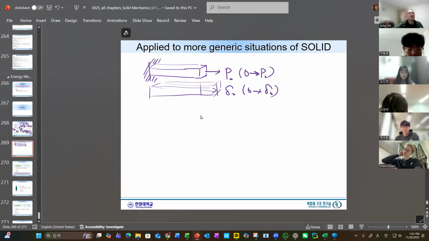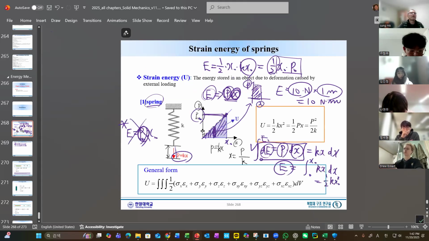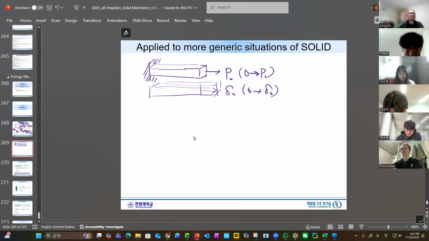Strain energy means that all the energy is stored by the deformation, by deformation or strain. That's why it's called strain energy.